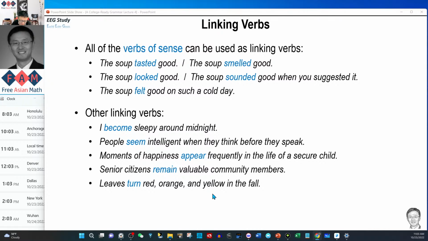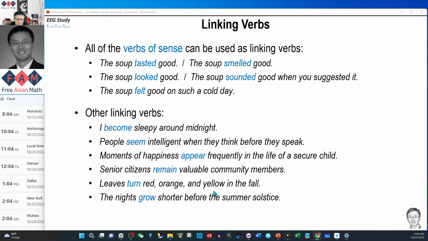Before this turning point, the leaves are not in those colors, but after that, the leaves are in those different colors. So this term is really a linking verb. It's not action.